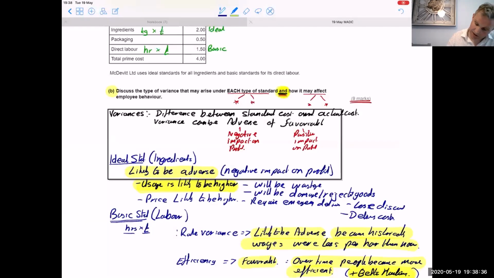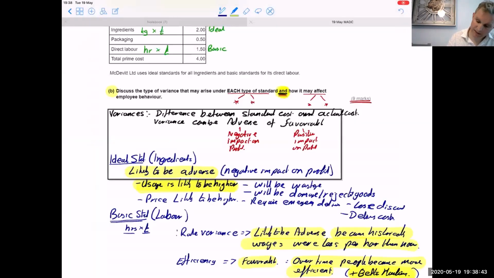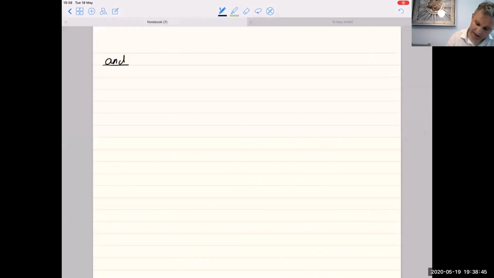The other part of the question asked, and how it may affect employee behaviour.